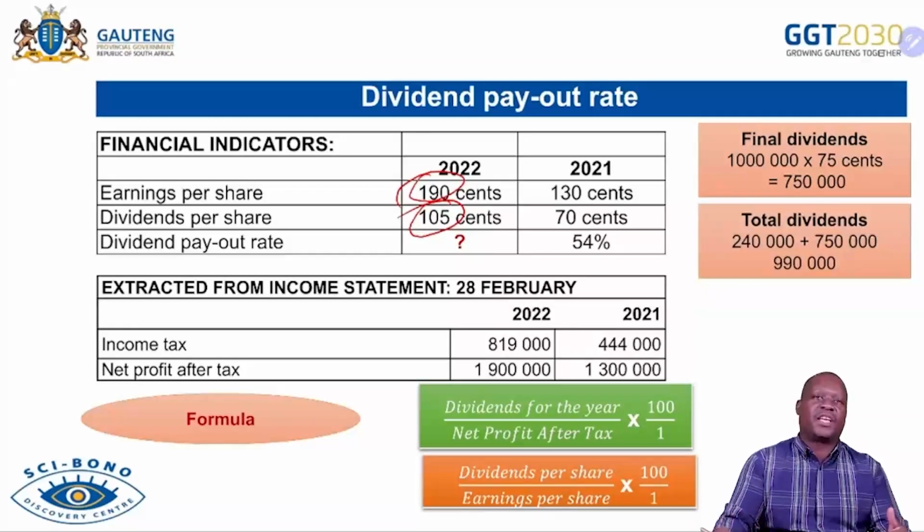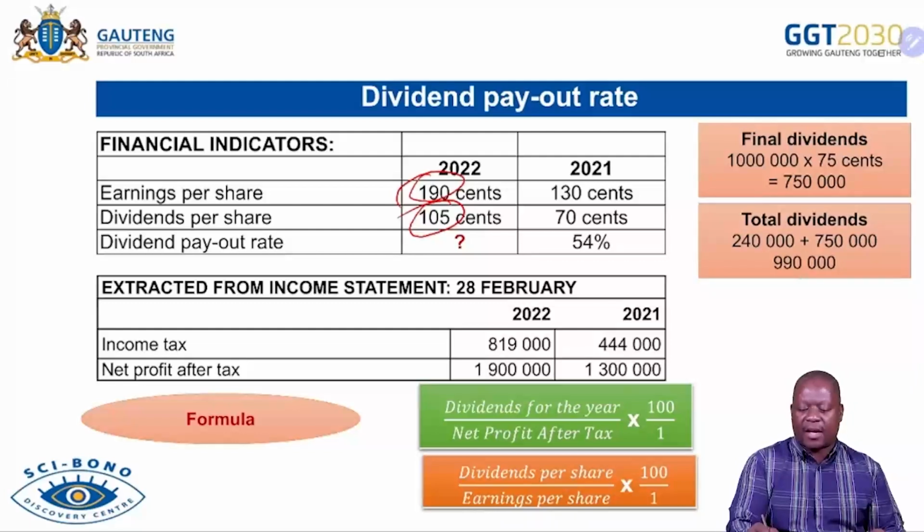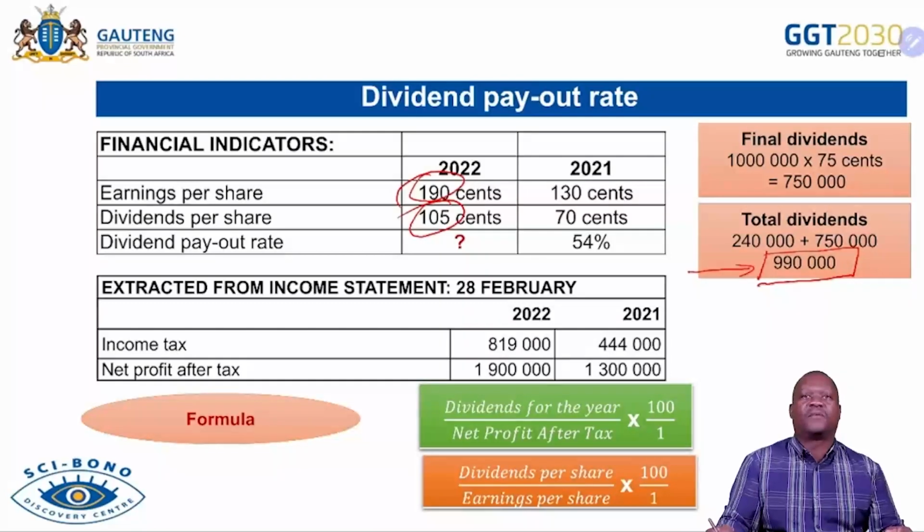For the total dividends, it means final dividends plus interim dividends. Remember our interim dividends, that figure, 240,000. So we add them together. It means our total dividends is an amount of 990,000.